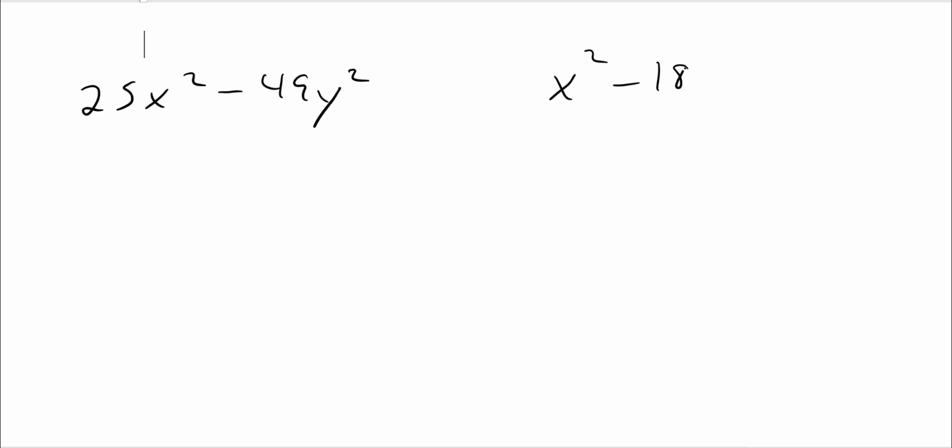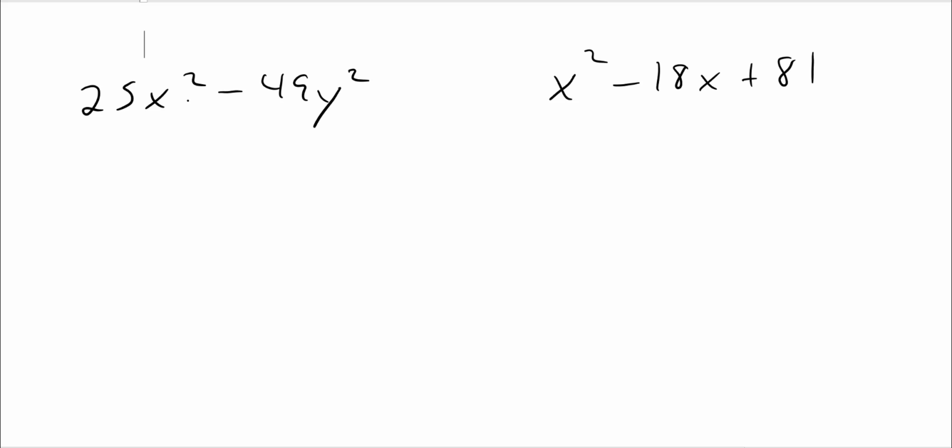I can say 25x squared minus 49y squared, and we can do x squared minus 18x plus 81.